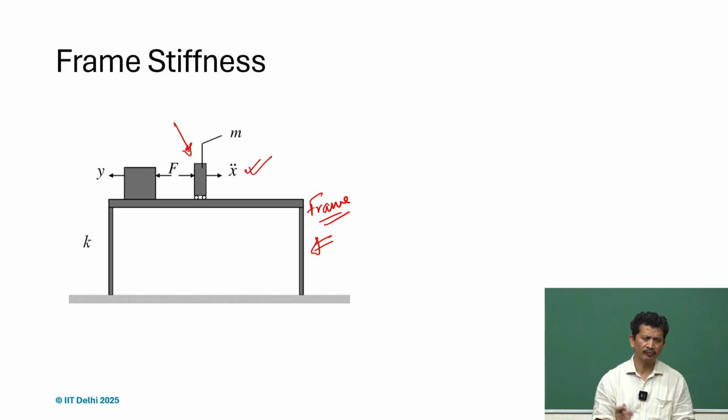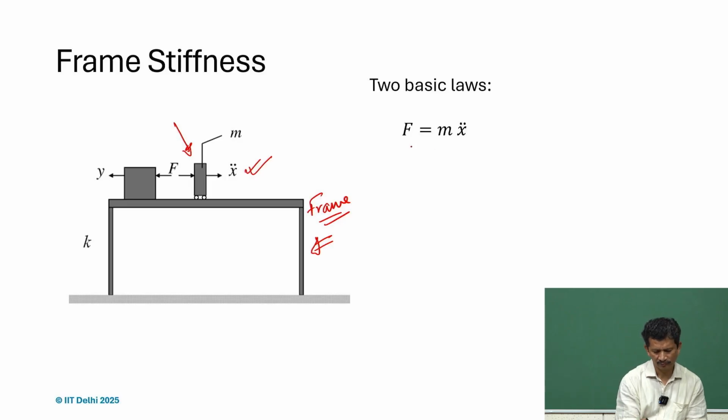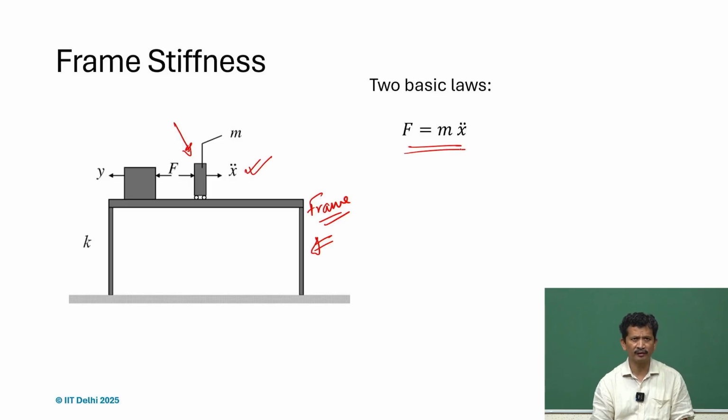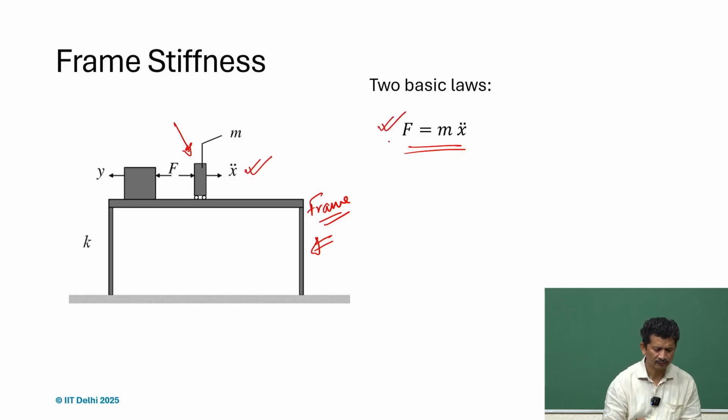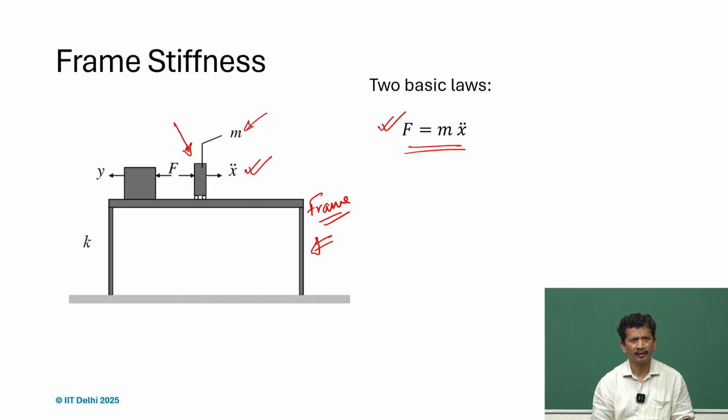So, this is moving. We realize that if it has to accelerate or decelerate, there will be a huge force provided by the actuator, by the motor. It will act on the moving body M, and then it will accelerate with that x double dot acceleration.